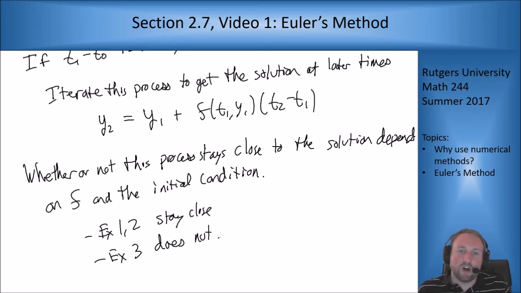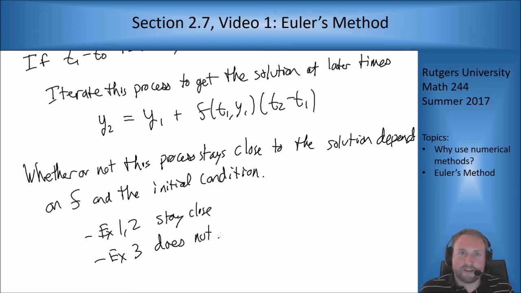Because we don't know what y of t1 is supposed to be, we're starting from an approximation, so we're effectively jumping onto a different solution curve. If you think of the plane as filled with these solution curves, when I don't hit the solution exactly and jump to something nearby, I end up on a slightly different curve. As long as those curves stay close together as time goes on, we're fine. But if those solutions are diverging as time goes on, we're going to be in trouble, and we're going to end up far away from our solution.